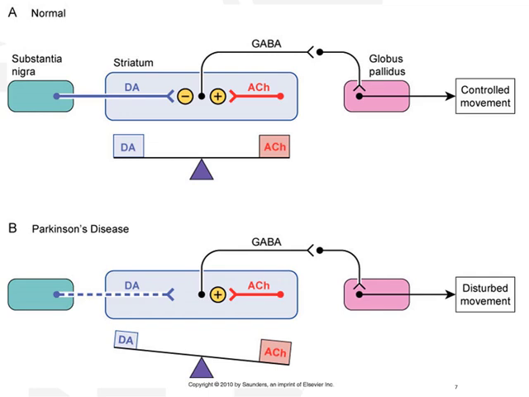Basically, the two neurotransmitters are out of balance. Acetylcholine is causing excitation, or release of GABA, and ultimately that results in disturbed movement. So, bottom line, not enough dopamine is going to lead to too much acetylcholine activity, which results in too much GABA, causing overstimulation of these neurons, which causes muscles to become tense and produce a rigid movement.